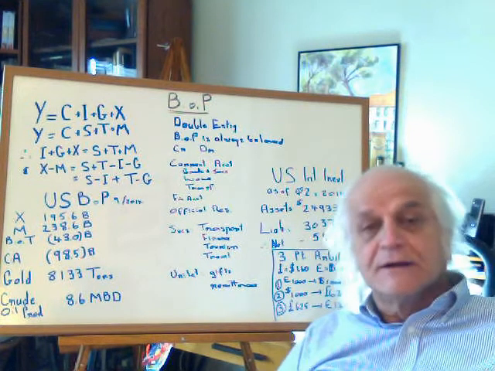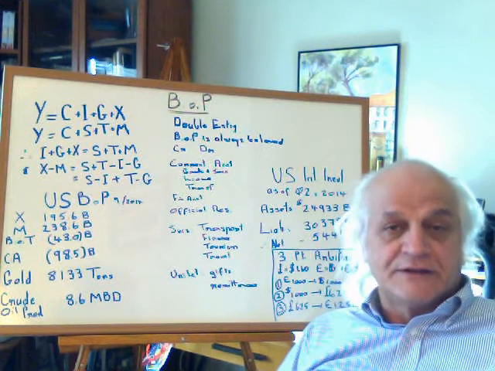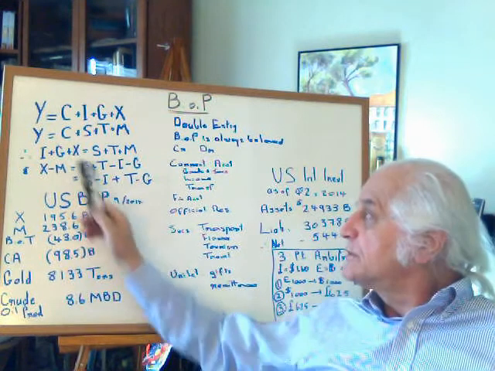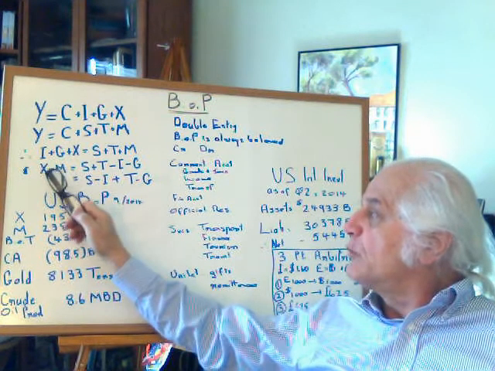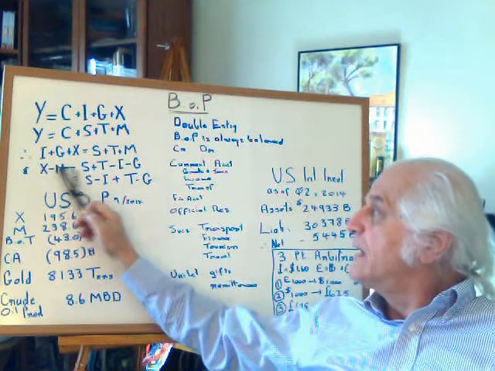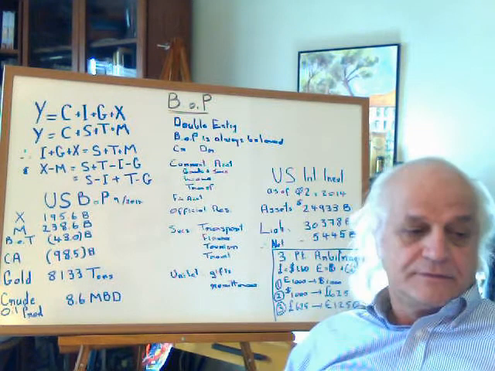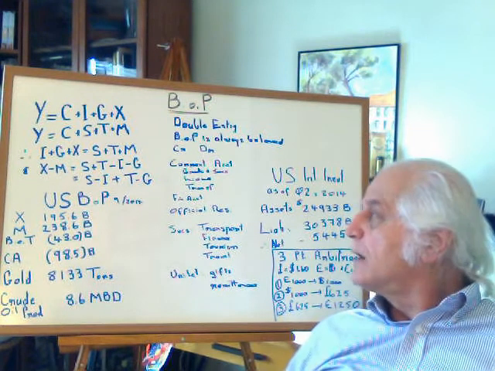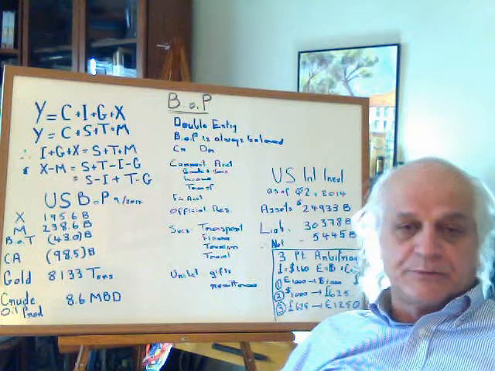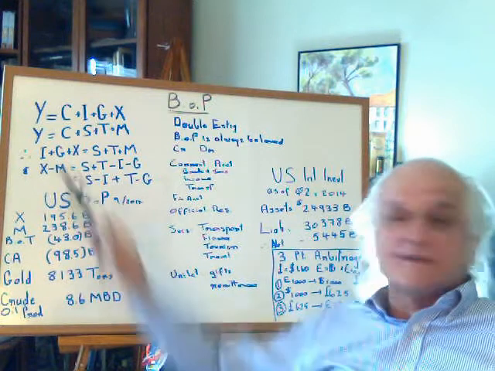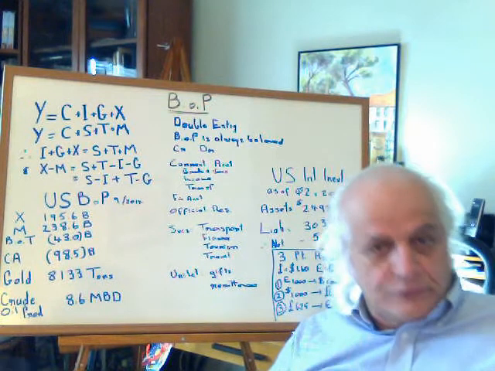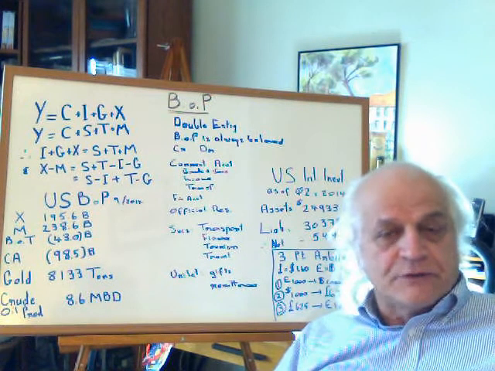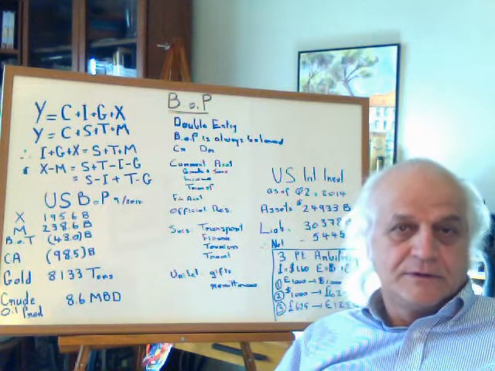But since in this course we're really emphasizing trade, let's put the X minus M on one side of the equality sign and everything else on the other side. And notice how important this relationship becomes. The X minus M is what's referred to in general as being what? The trade balance.